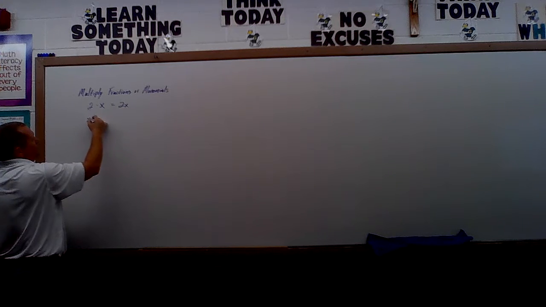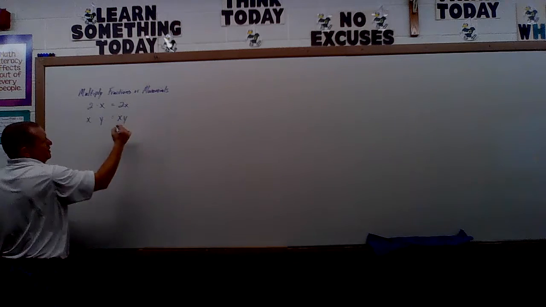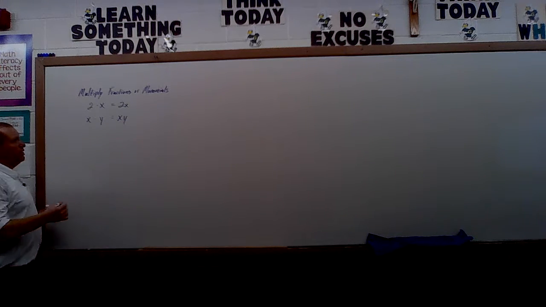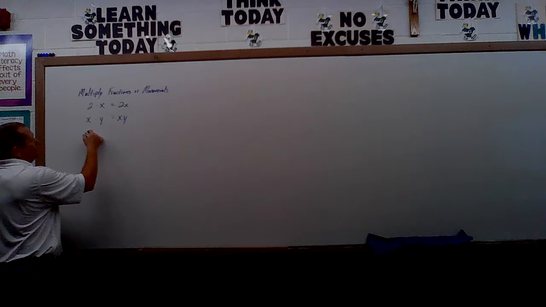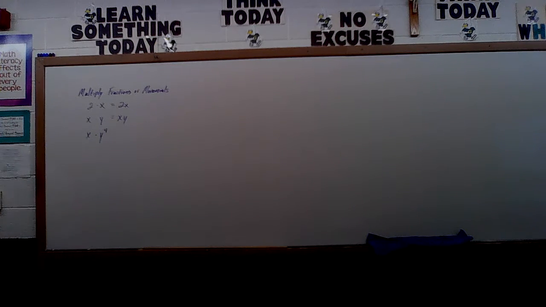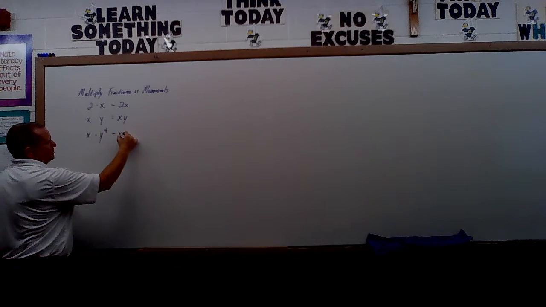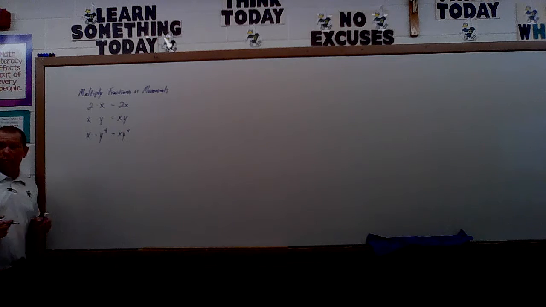But if I have a variable times another variable, I can also just put them together, right? Well, the same thing happens if I have a variable times another variable, but that second variable has an exponent on it. Because I have a cow and a horse, I just put them together again, and I bring my exponent along with it.